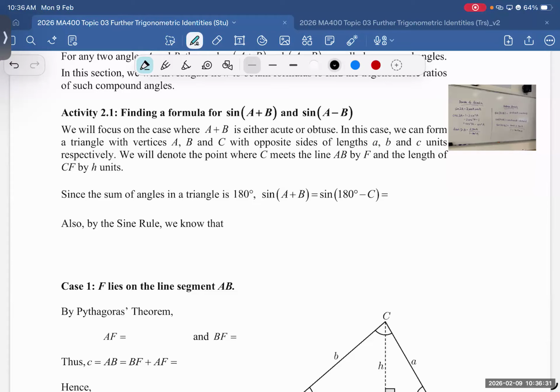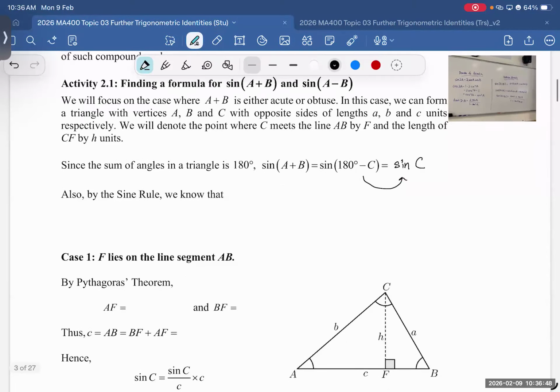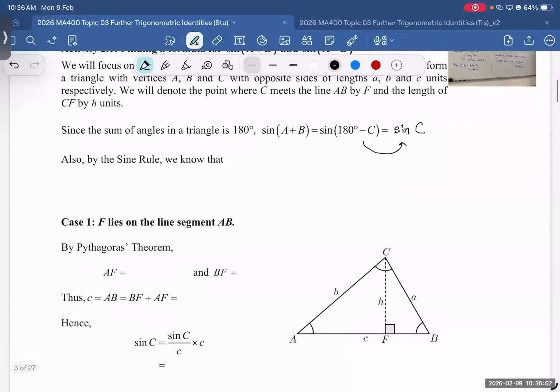So you know, by the supplementary angle formula, can I say that this is just the same as sine C? Can, right? So can I also say, remember the sine rule?